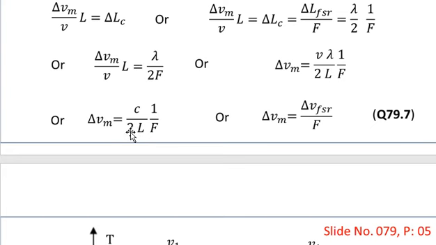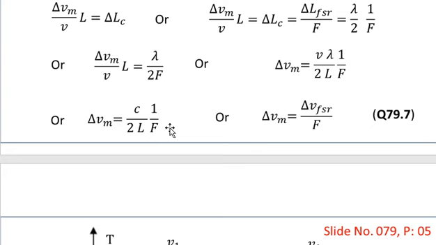So from this equation you can find out the separation, that is, the condition that delta nu m is resolvable. So by changing the width of the interferometer, capital L, by delta L, you can set the values of delta nu accordingly.